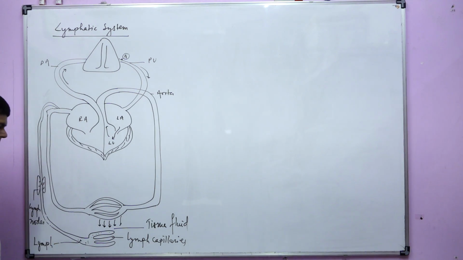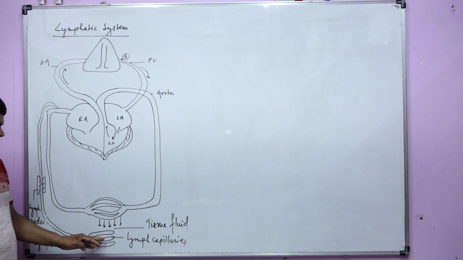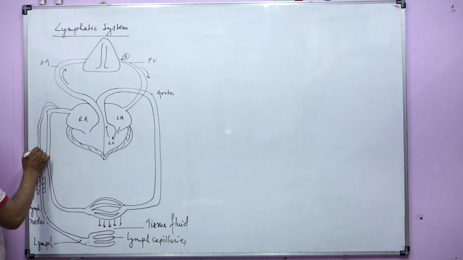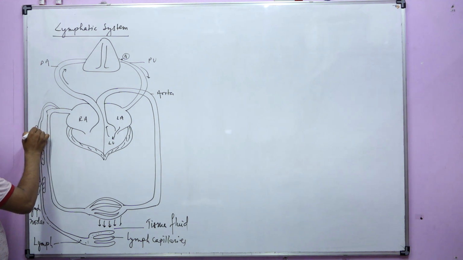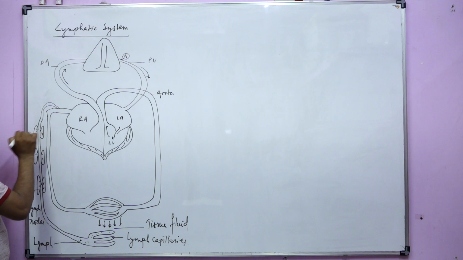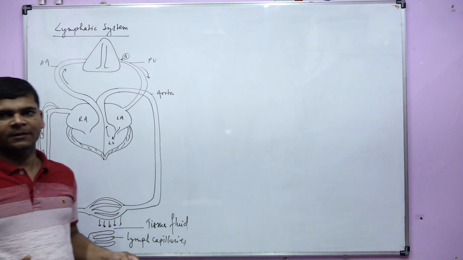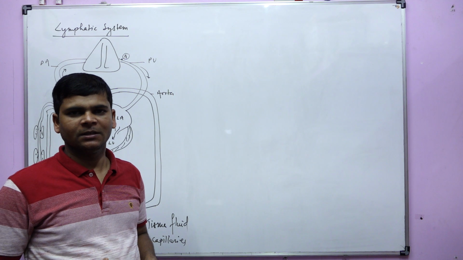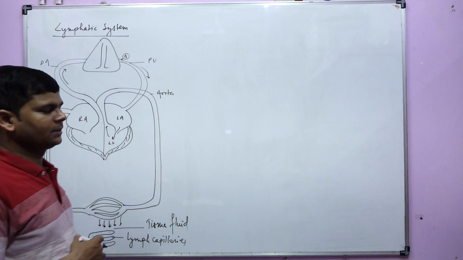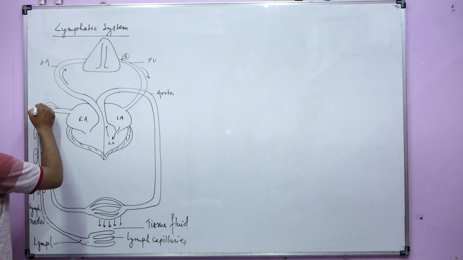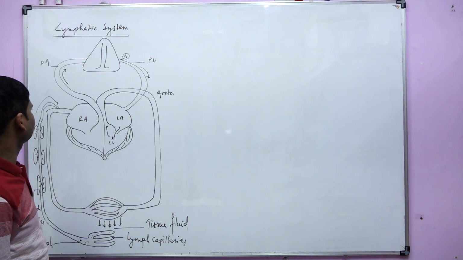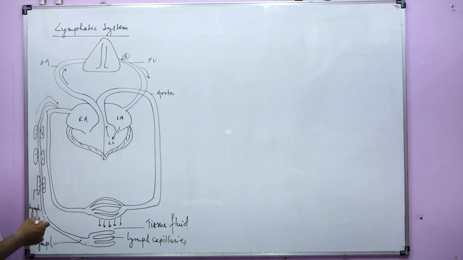So one of the major functions you need to understand about the lymphatic system is that there are lymph nodes at certain intervals, and these lymph nodes carry the lymphocytes. Lymphocytes are involved in defense mechanism, and then it enters the blood circulatory system. So this is the basic idea we have about the lymphatic system.